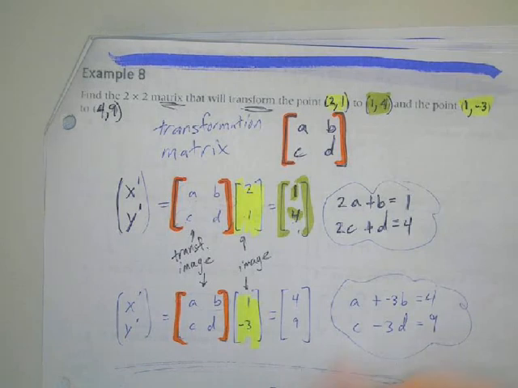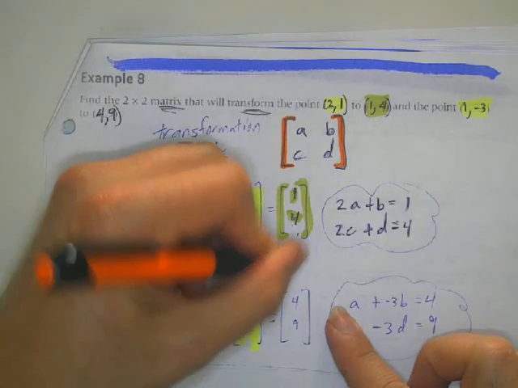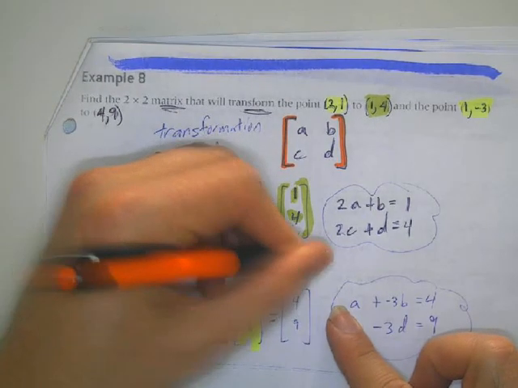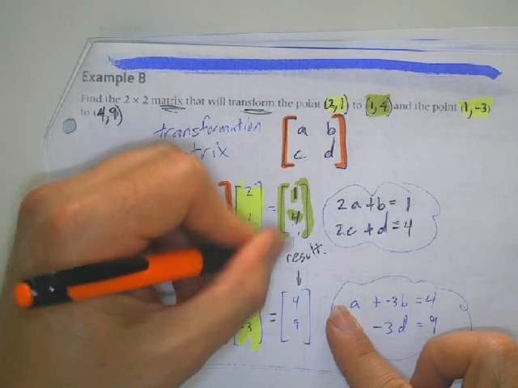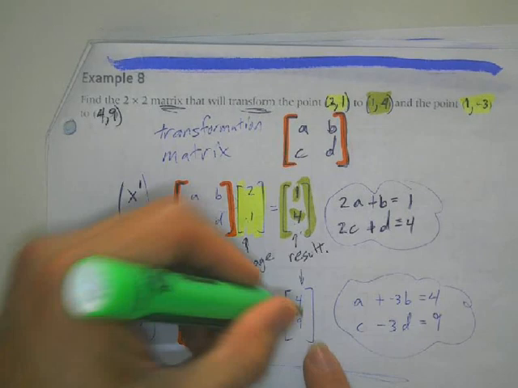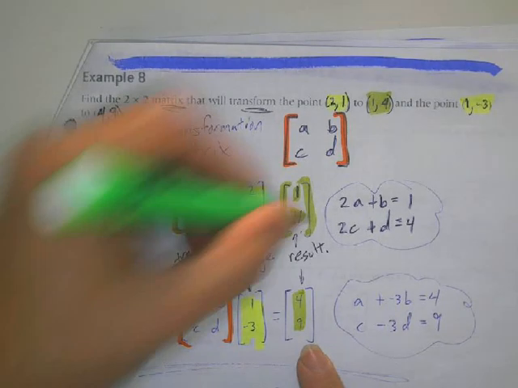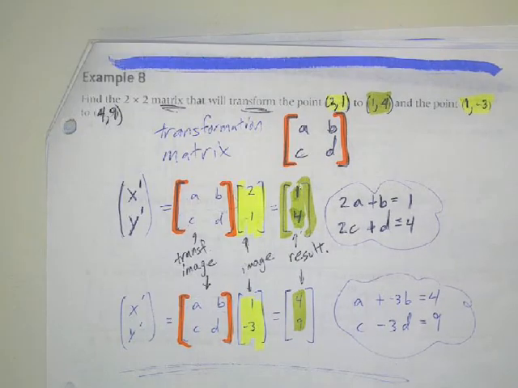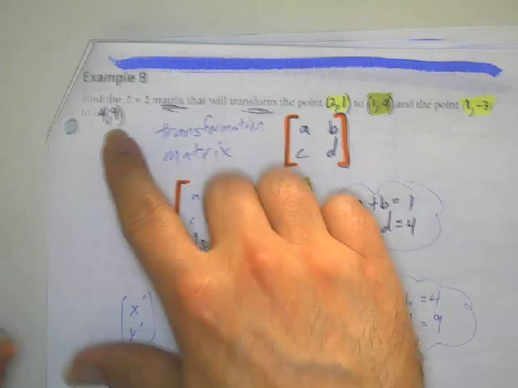And this is the result. So I've got my transformation times the image, and that gets me this result. Okay, so the result here is (4, 9).